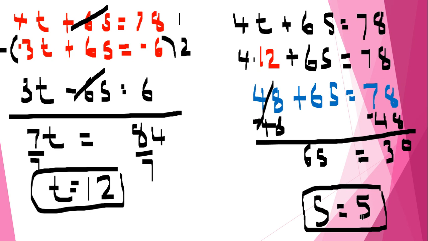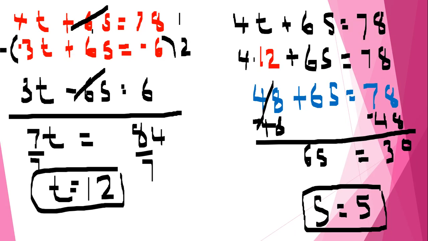All right. So my first unknown t equals 12 and my second unknown s equals 5. Now, just to check that these answers are correct, I can plug them back into my first equation or second equation if I want to.